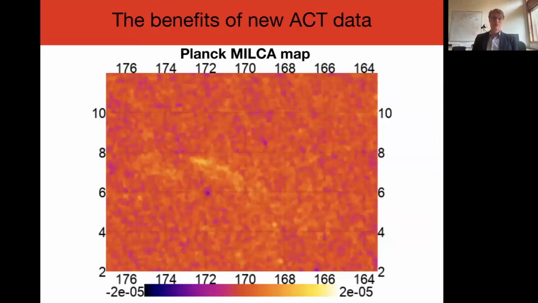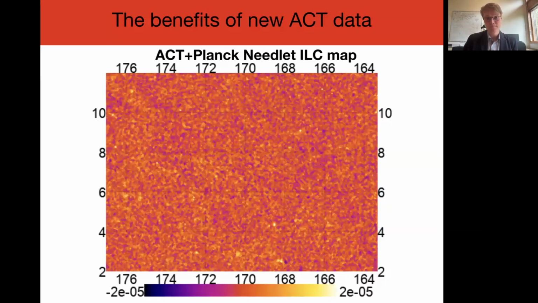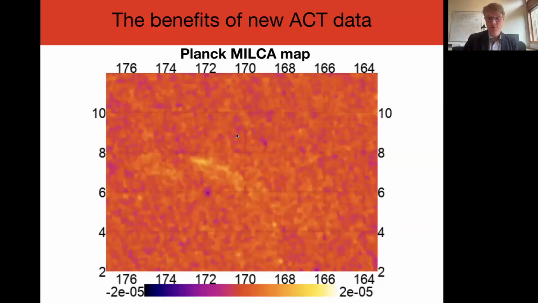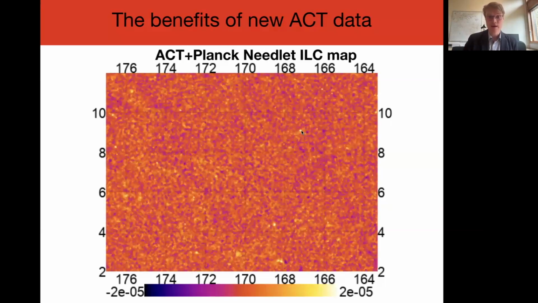To dig into the details a little more, I'd like to highlight what the benefits of having high-resolution ACT data could be. And so to do that, I've shown a zoom in on the previous map, but as made from only using Planck data. And now on the next slide, we'll compare this to our ACT plus Planck map shown here. As I transition between the two, you'll see many structures, such as this, for example, are coherent between the two and pop out more in the ACT map, which has higher resolution and lower noise.